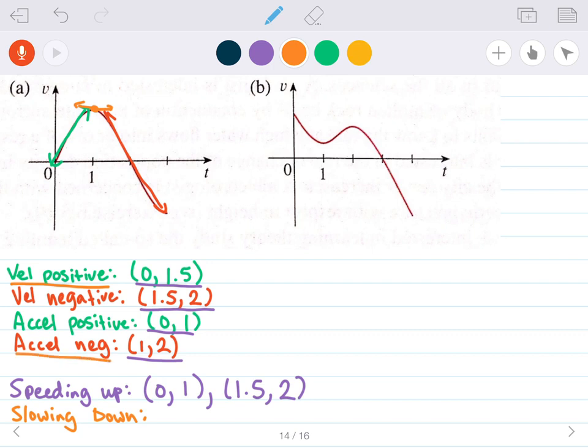If you were to graph these on the number line, 0 to 1.5, and then 1 to 2, they overlap from 1 to 1.5.